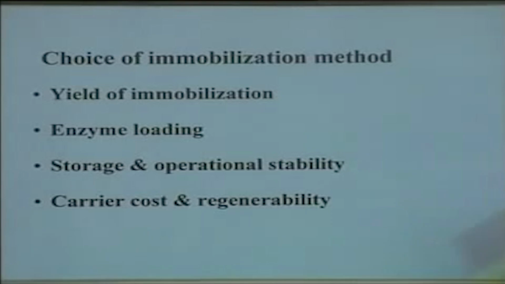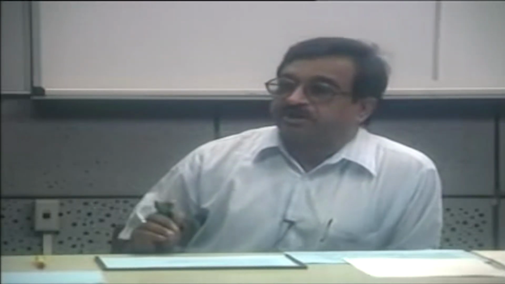That means, during the immobilization procedure, what is the loss of enzyme activity, because there is no method which can give you 100% recovery of the enzyme activity that you have put into the system, and there will be some enzyme which will be deactivated, lost during the immobilization, and obviously the loss of enzyme activity has to be kept minimum for all practical purposes.